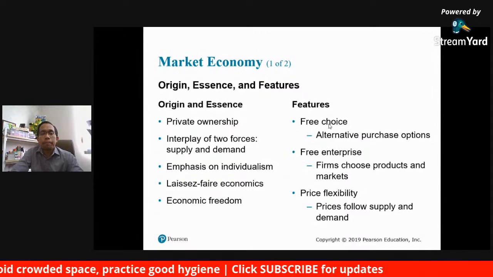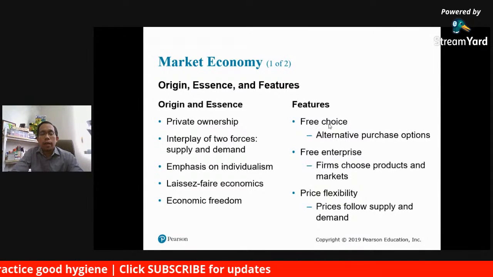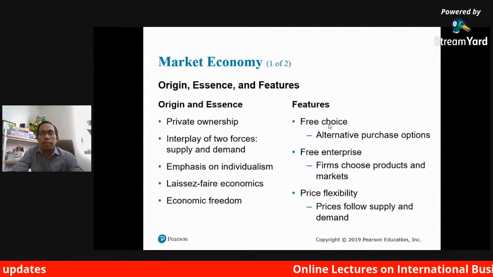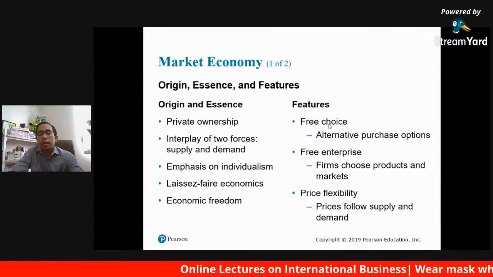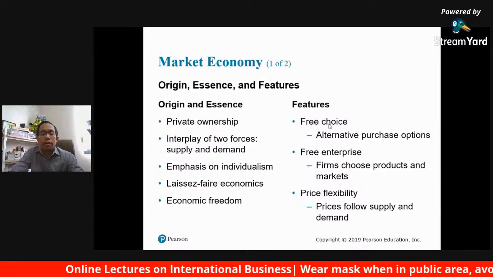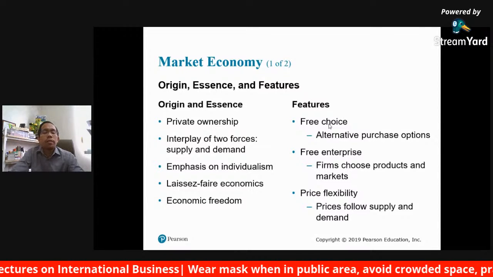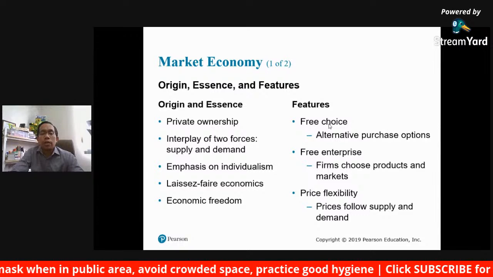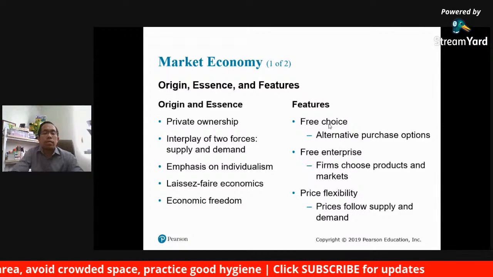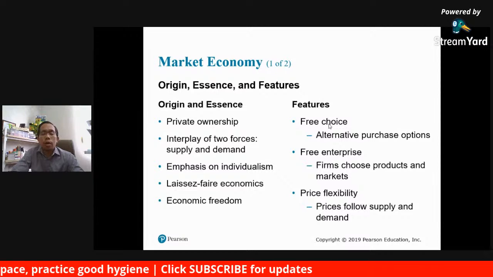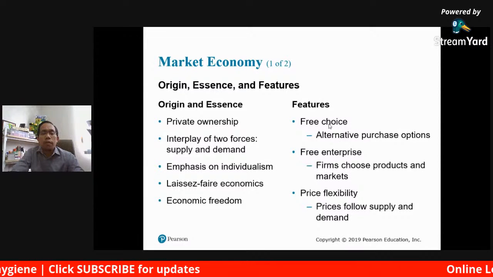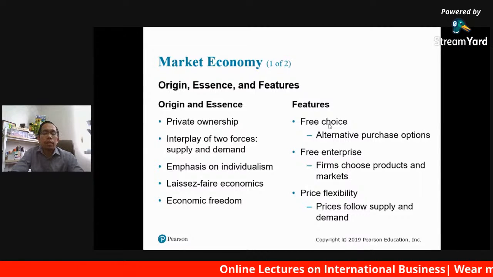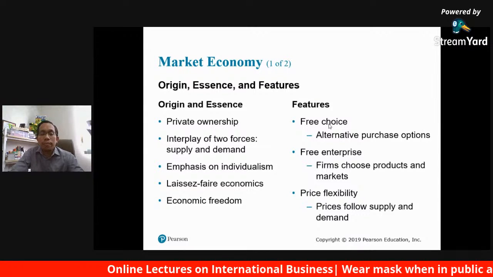In a market economy, since government doesn't get involved in developing the economy of a country, it is considered a market economy. We encourage private ownership. This type of economy encourages private ownership, the interplay of two forces based on supply and demand, and is more towards individualism.